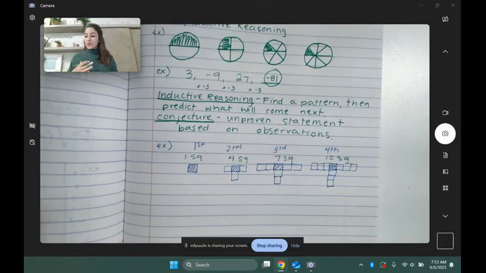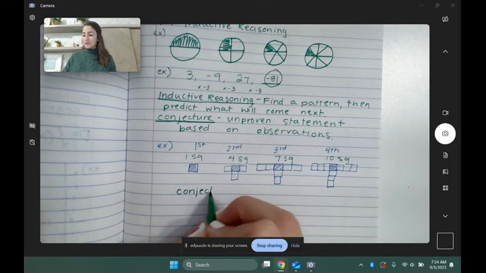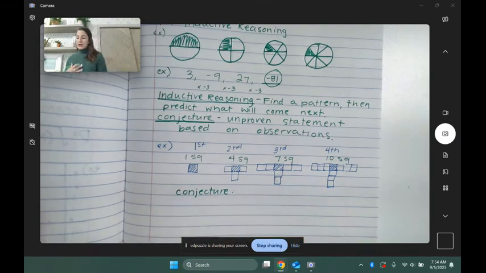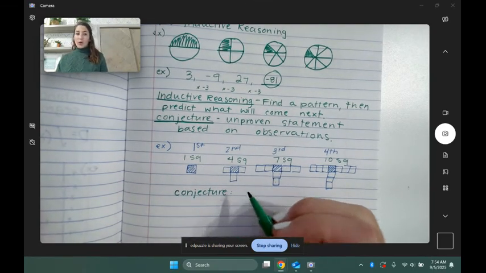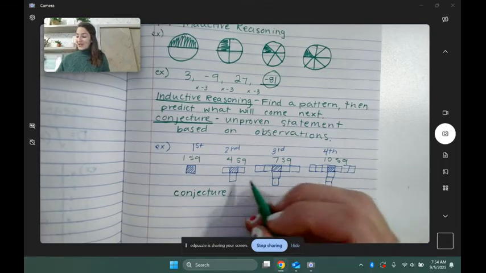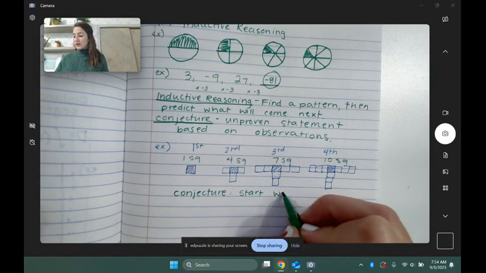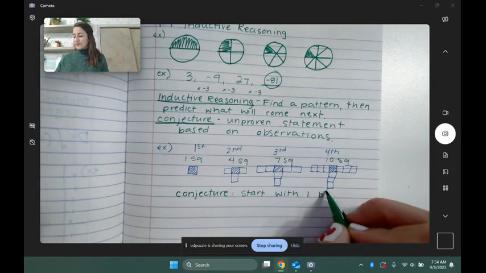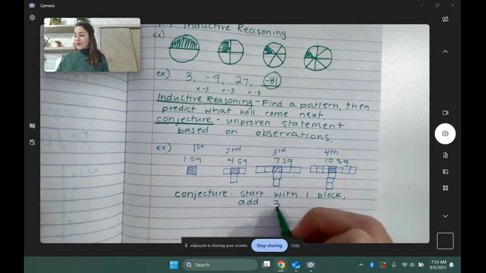So with this, I want to make a conjecture, or an unproven statement based on observations, or sometimes a rule. Okay, so a conjecture here could be something like, we're going to start with 1 block and add 3 each time.